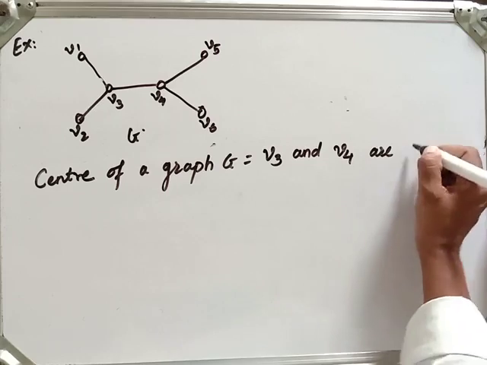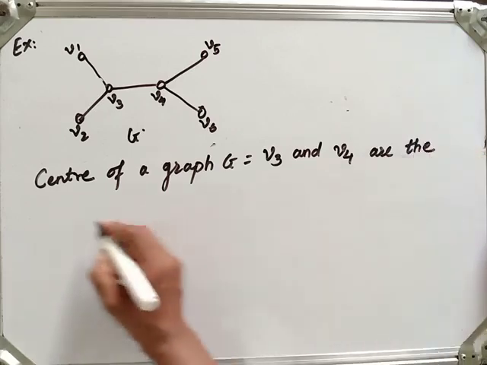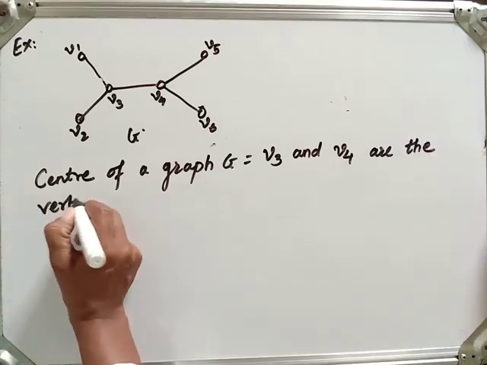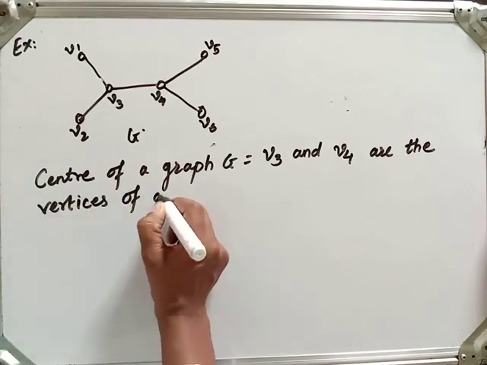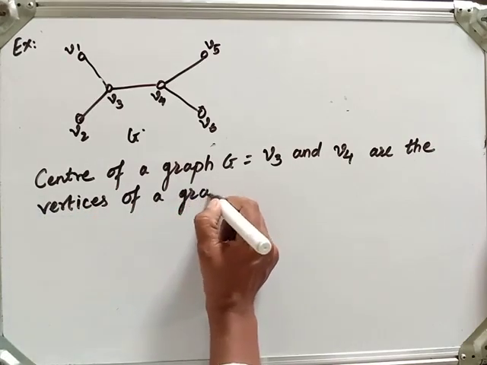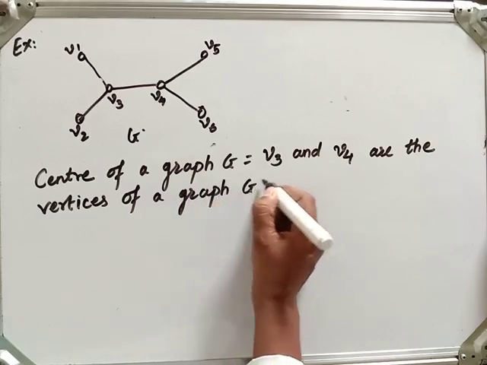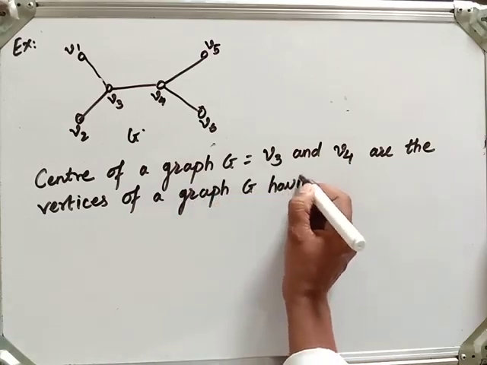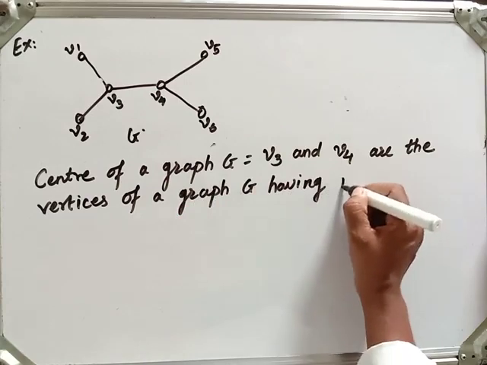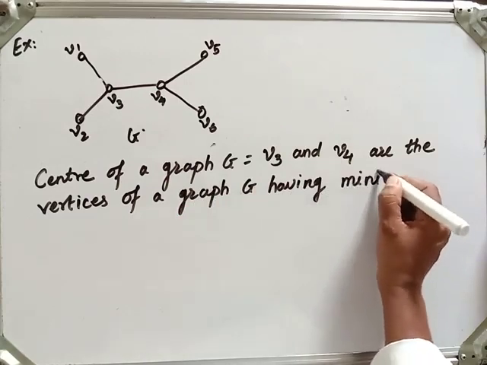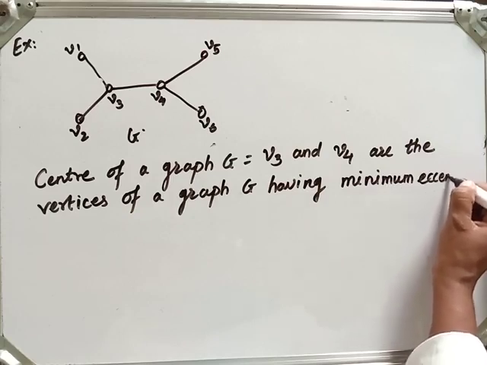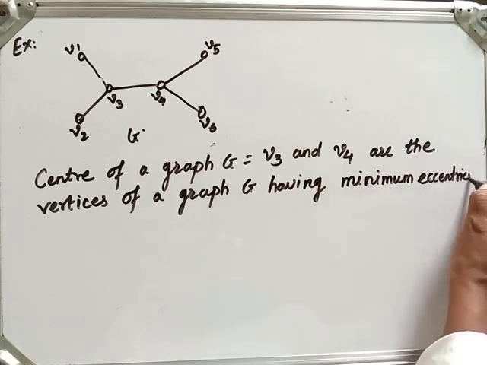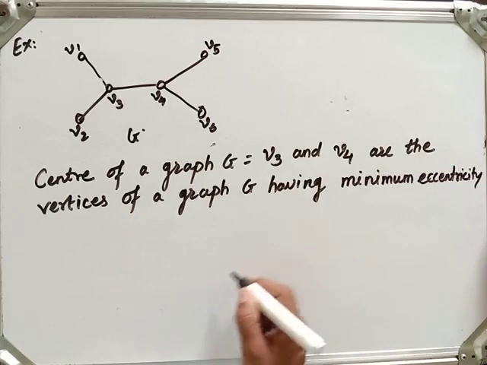The center is the vertices of a graph G having minimum eccentricity, as we have seen, right?